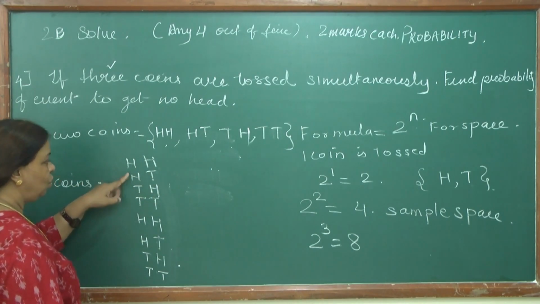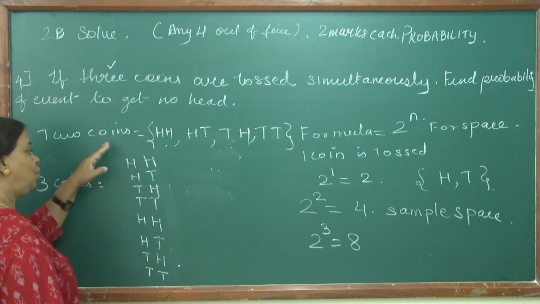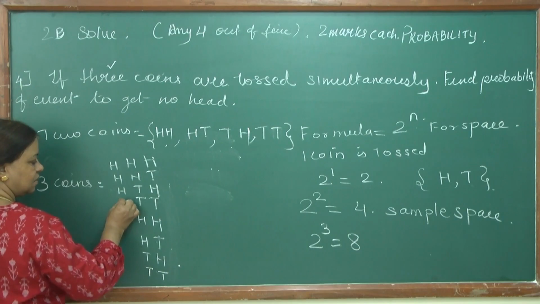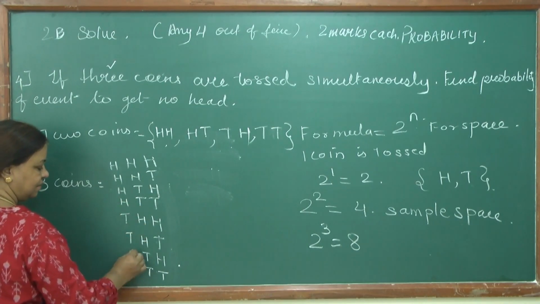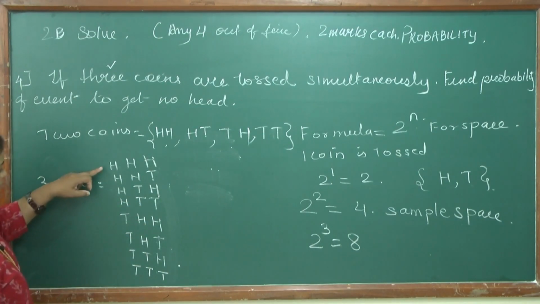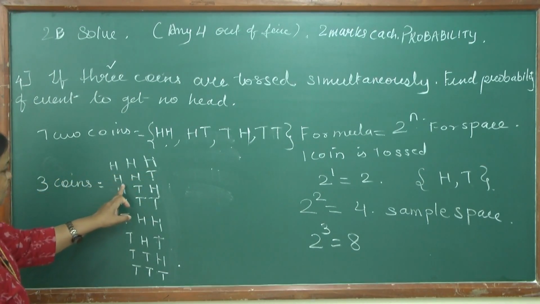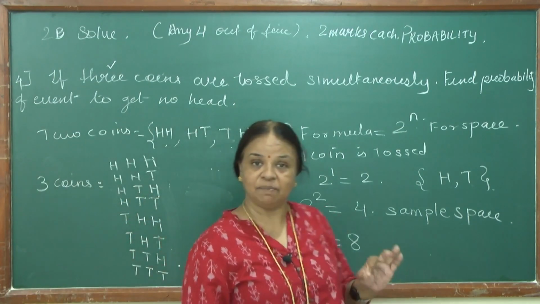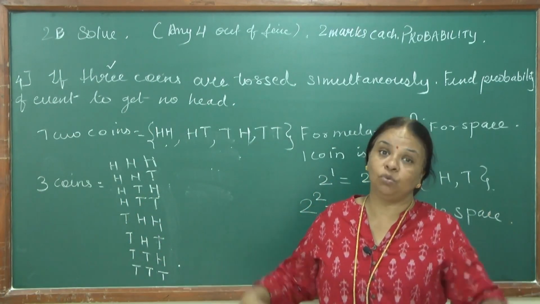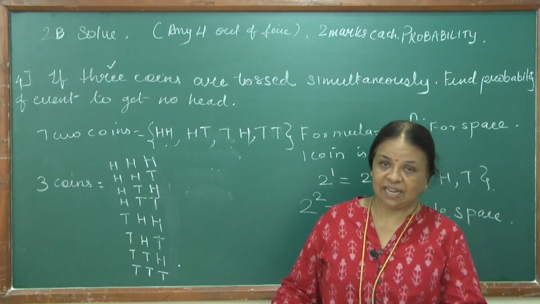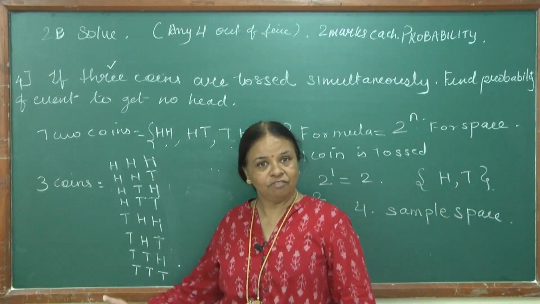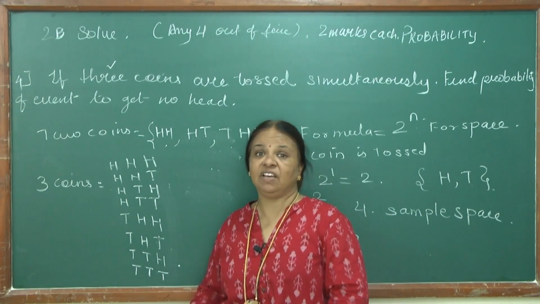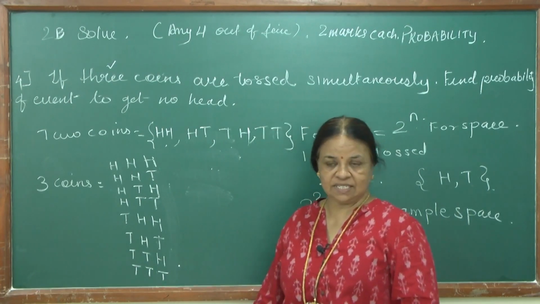Now after 2 head and 2 tail, 2 2s are 4. 4 times head, 4 times tail. So these are the sample spaces. So it becomes easy for you to write down the sample spaces. You don't have to think so much about where to write head, where to write tail. This is one of the shortcut methods of writing head or tail when any number of coins are tossed.